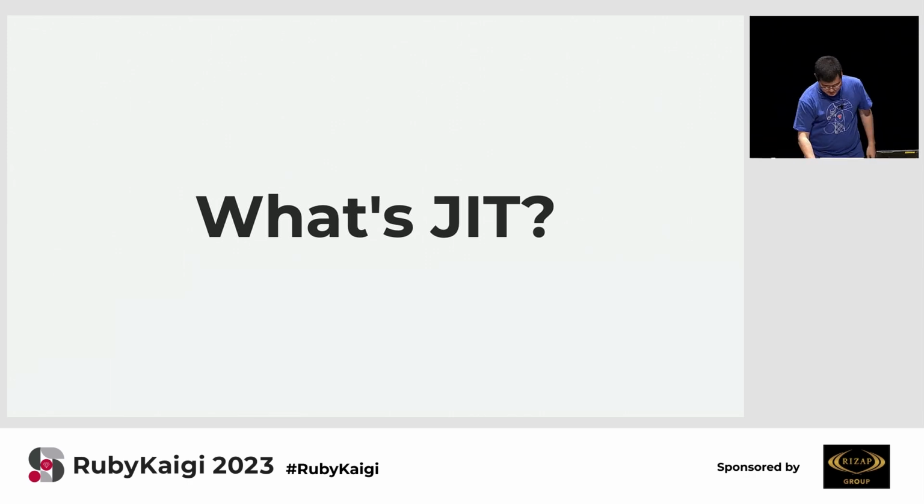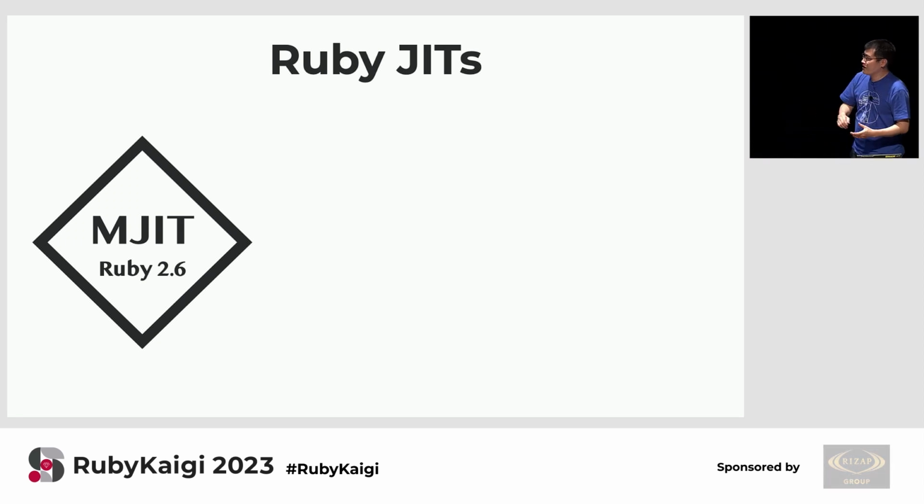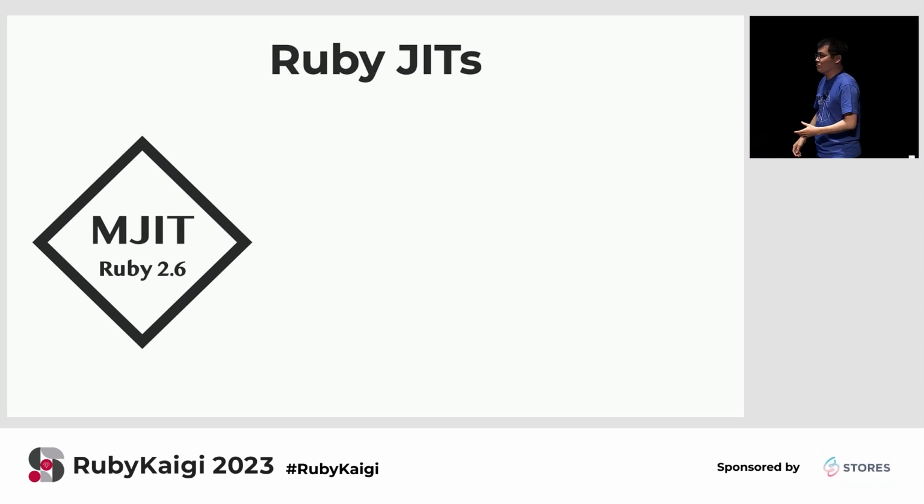What's JIT? We introduced the first ever JIT compiler, MJIT, in Ruby 2.6. Prior to that, I had been developing another JIT compiler called LLRB. But Matz didn't like using dependencies like LLVM, so we ended up using a C compiler for writing a JIT compiler.